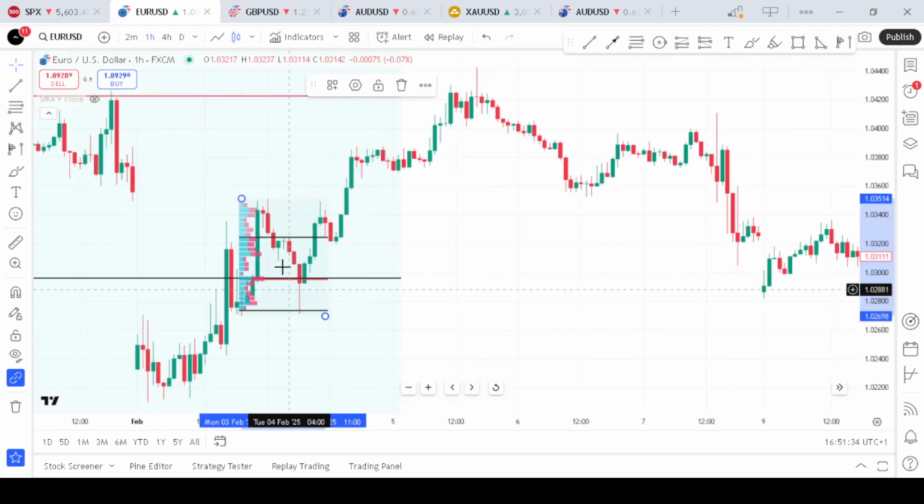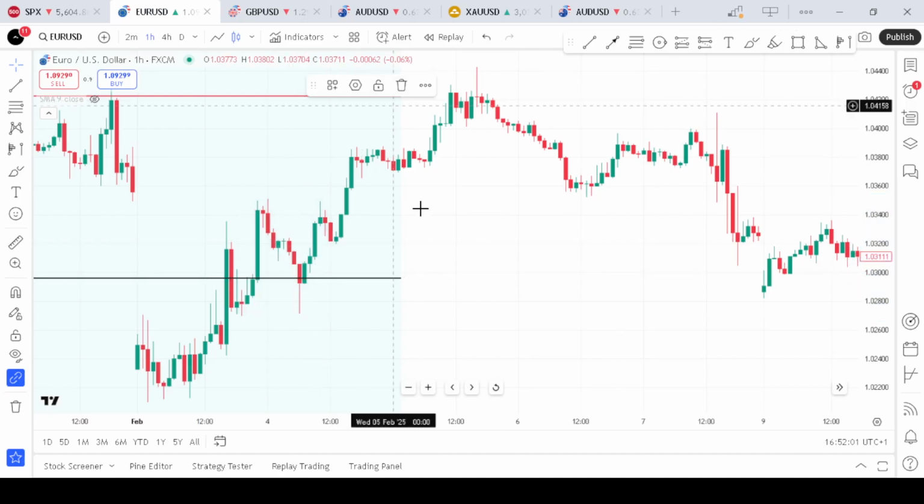And as we can see in this area where we marked out, price came to the point of control, then it reversed at that area. It also came and wicked at the low volume node before it reversed. This further increases our confidence in taking this trade, that this is an area of significance where you can buy or enter your trade. This is how we can capitalize on this trading strategy.